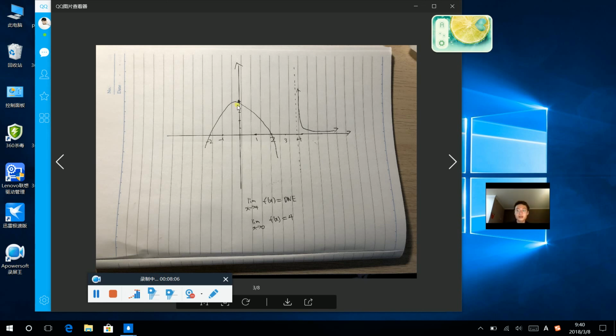First, let's use the limit formula which I mentioned before, and combine it with the formula of the slope of the secant. When we calculate the slope of a secant, we should make sure that we have two points, for instance one point over here and one point over here.